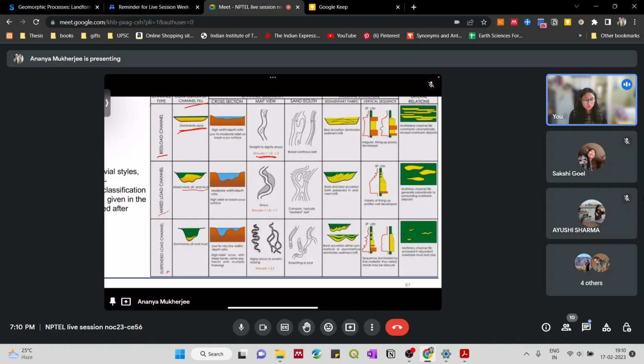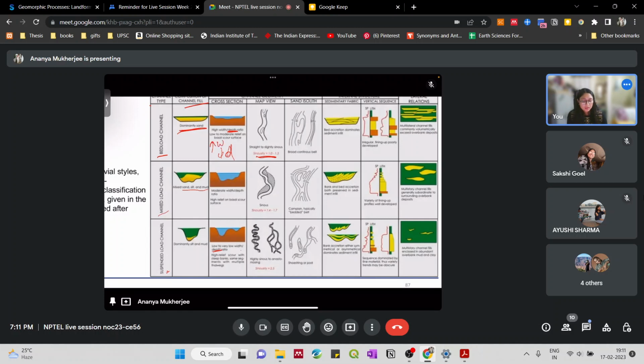So it has a low to very low width to depth ratio. You can see that the depth is increasing, so if the depth increases, the ratio is going to decrease. Over here you can see this has a high width to depth ratio. So the bed load channels have lower depth but higher width.